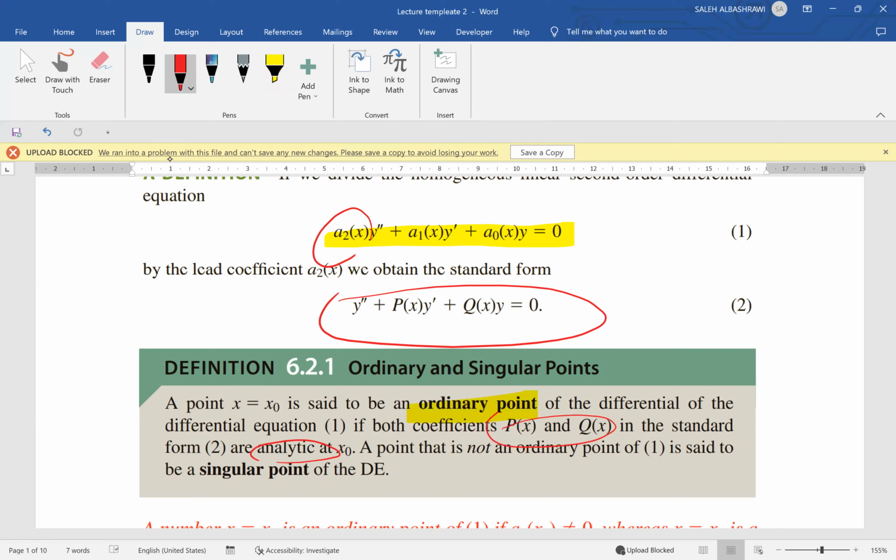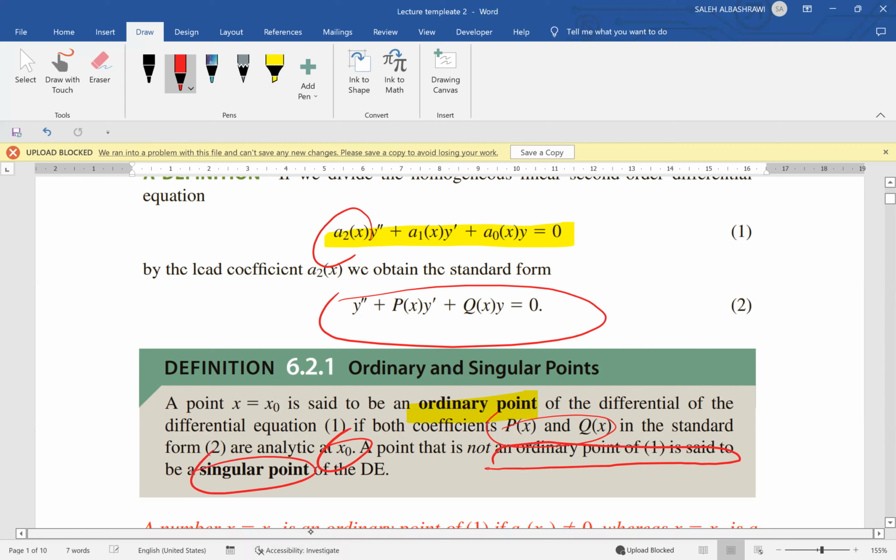If these are not analytic, then we call x sub 0 a singular point. So if it is not an ordinary point, then we call it a singular point.